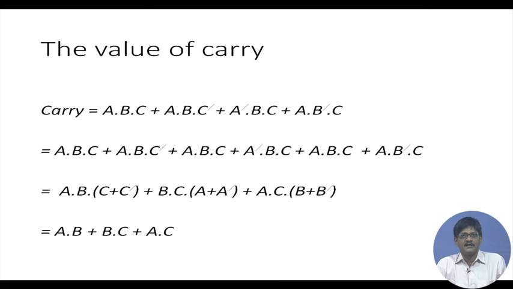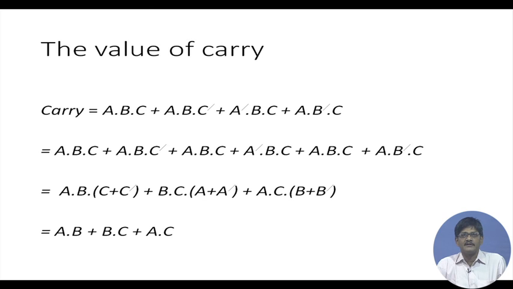So, what we have done is, we have added 2 more A and B and C to these terms. So, what do we have? The first term is A and B and C plus A and B and C dash, then again we add A and B and C. The first 2 terms will allow us to take A and B common with C plus C dash.